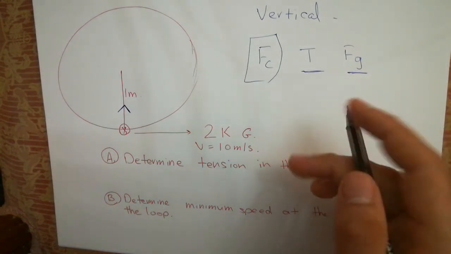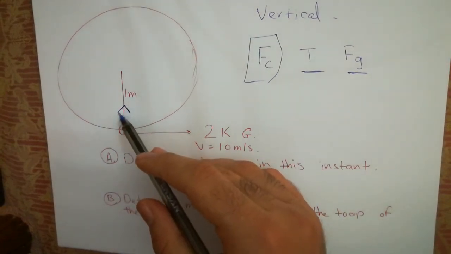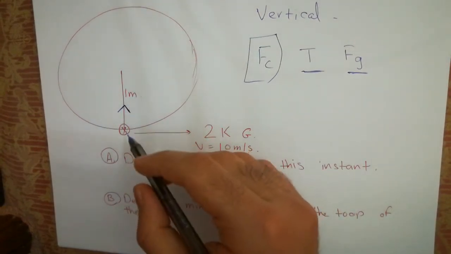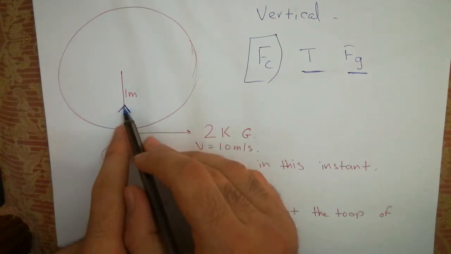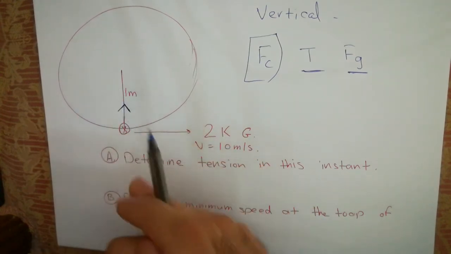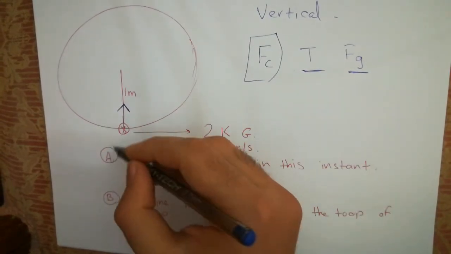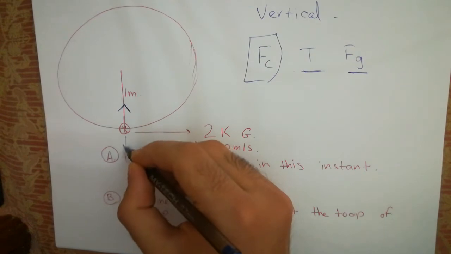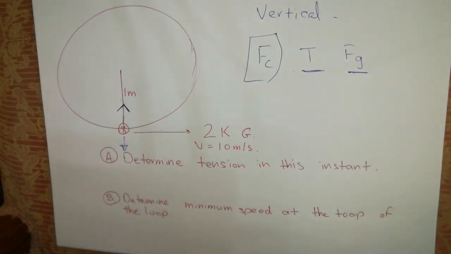These are the real deal. These are what are happening. And so there is a tension. If you measure and if you look, you will find that the rope has a force that's pulling it in this direction, upward. There's tension. And there's the force of gravity that is pulling this ball downwards. In every circumstance, F of G is always pointing downwards.